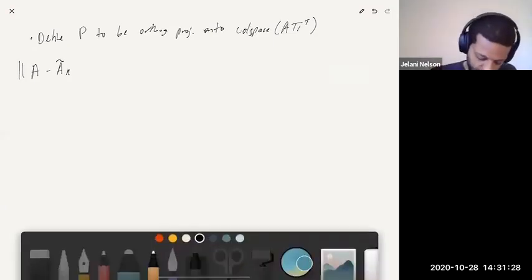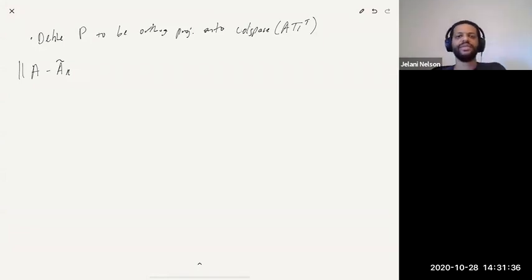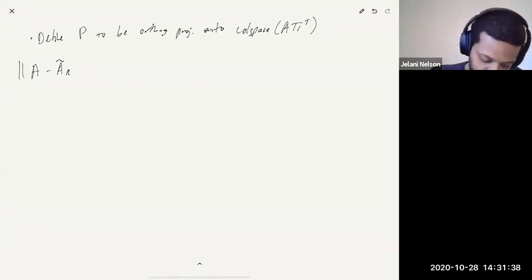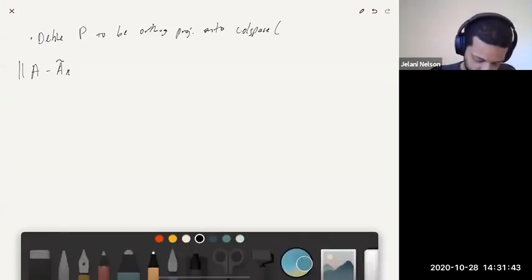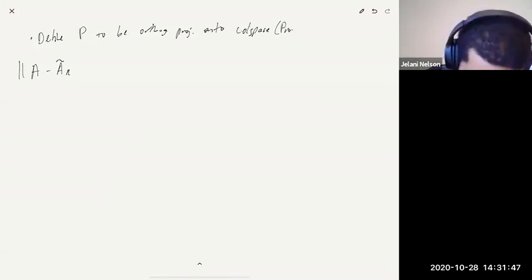So let me actually do the following. I'm going to define P to be the orthogonal projection onto the column space of the following matrix, which is the projection onto the columns of this thing, basically.